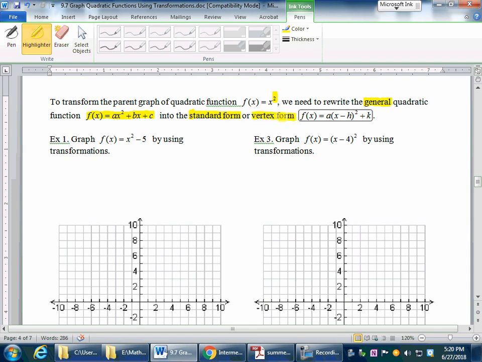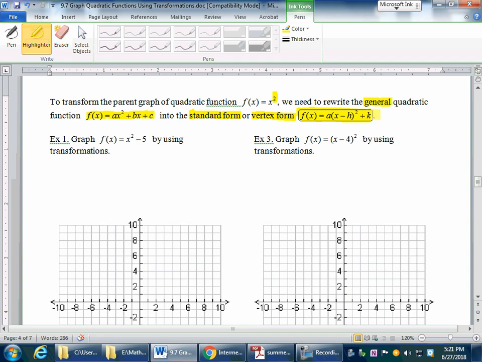We need to rewrite it into this standard form or vertex form, which is here. f of x is equal to a times (x minus h) quantity squared plus k, where h and k, remember, are your vertex. Okay?